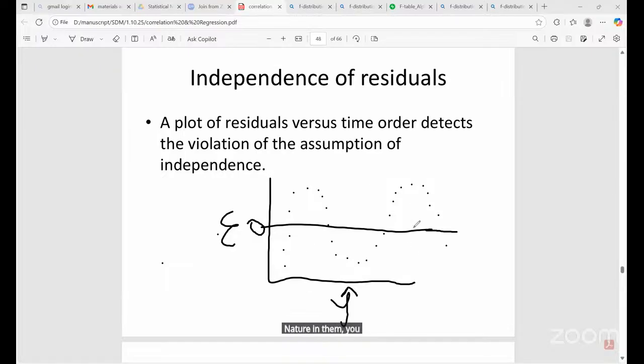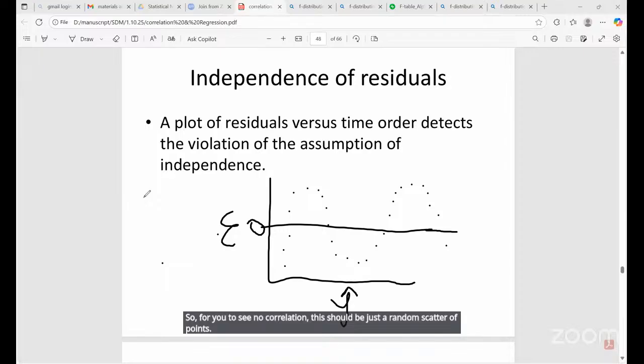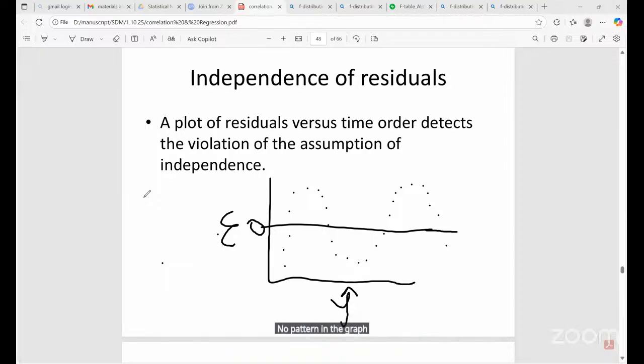You can either run time series analysis, or you can use the natural logarithm to remove this, or you can use a mixed model to take into account this correlation. So for you to see no correlations, this should be just a random scatter of points, no pattern in the graph.